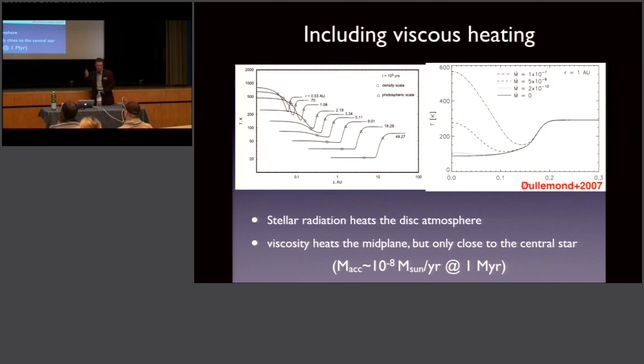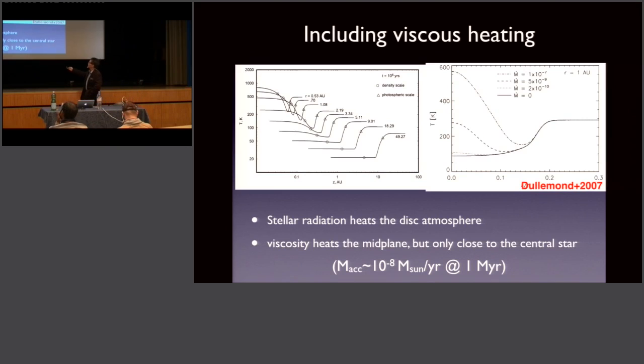If you have a strong accretion, a strong viscous heating, then the inner midplane is heated, and you have this funny profile because the disk is reabsorbing, and you have an intermediate layer that is cooler than the midplane, and is cooler than the surface, which is still heated by the star, obviously.